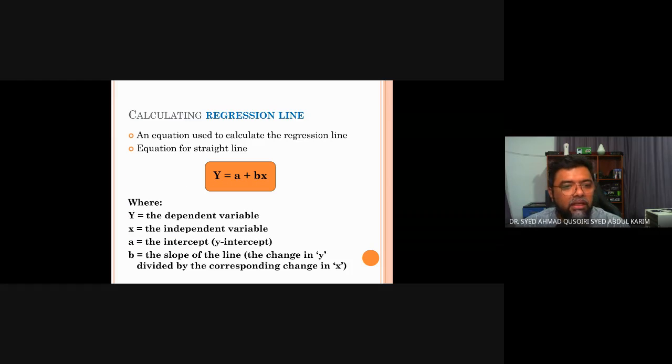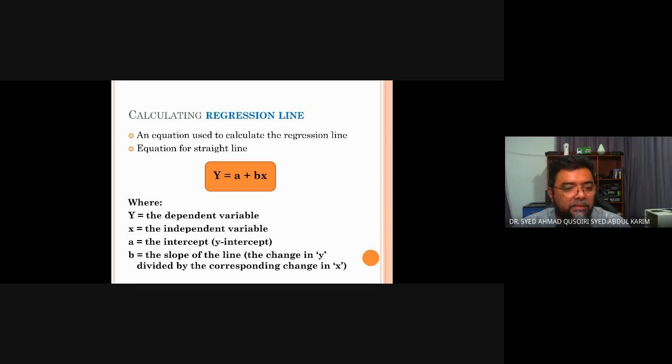So the regression line, okay, we can use the equation y equals a plus bx. This equation is practically the same as the equation that you learned back in high school or when you learned about graphs, y equals mx plus c. It's just that they changed the order and the representation.